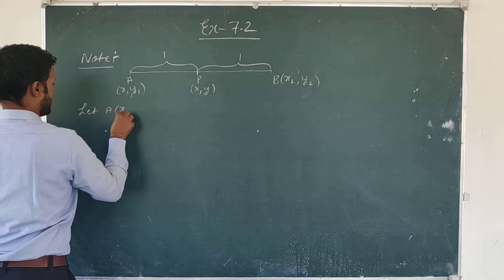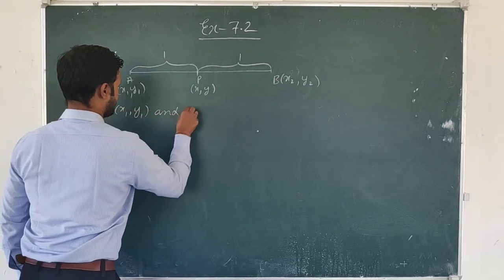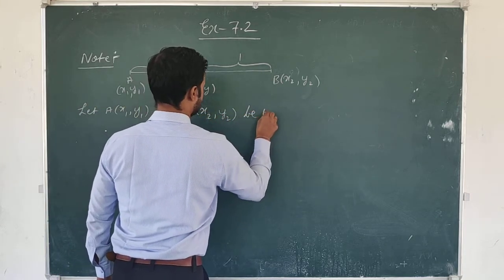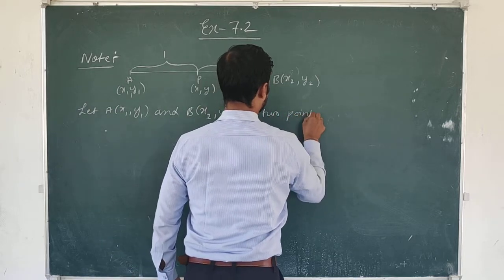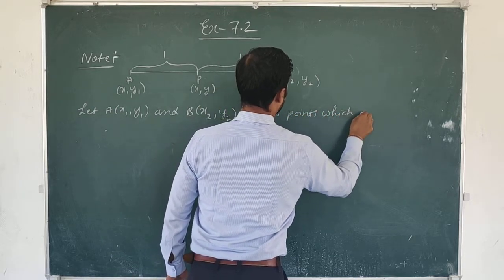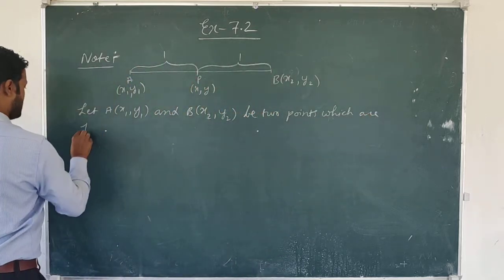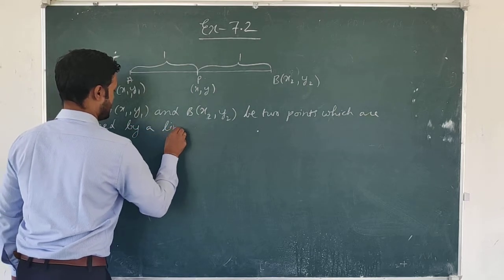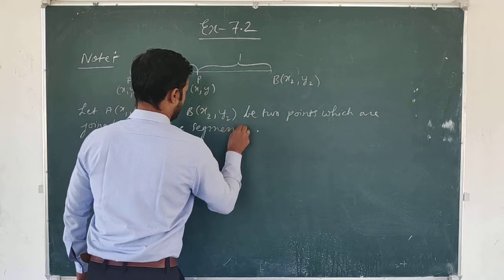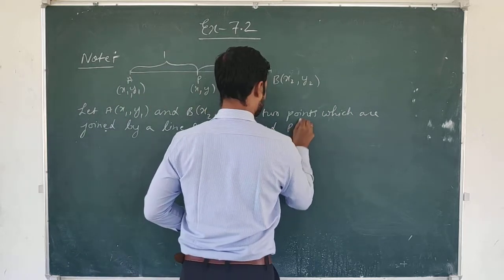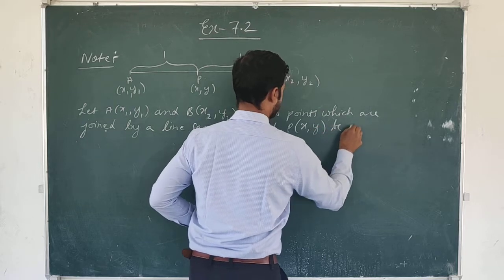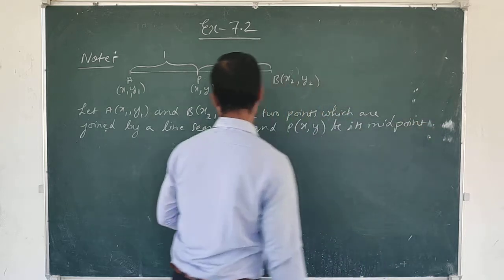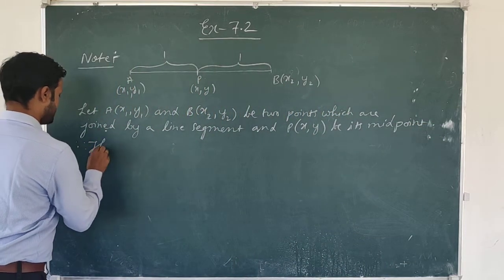Let A (x1, y1) and B (x2, y2) be two points which are joined by a line segment, and P (x, y) is the midpoint.